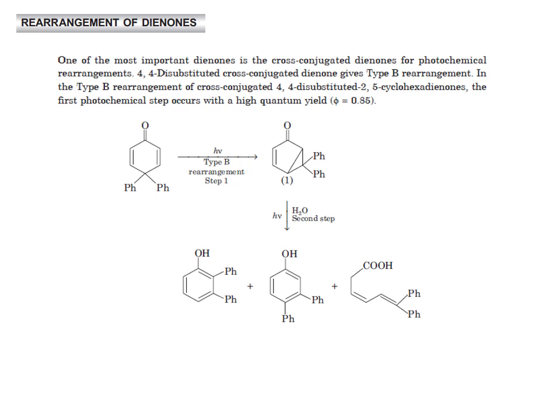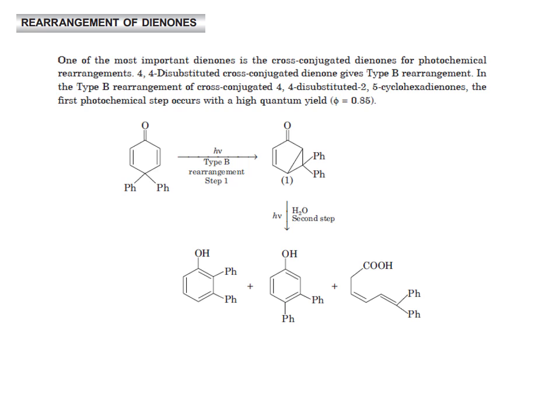Now we are going to discuss the rearrangement of dienones. Here you can see the dienone example, a diaryl substituted dienone system. One of the most important dienones is the cross-conjugated dienone for photochemical rearrangement. The 4,4-disubstituted cross-conjugated dienone gives type B rearrangement.